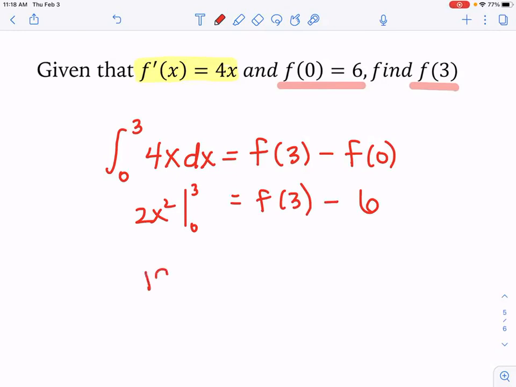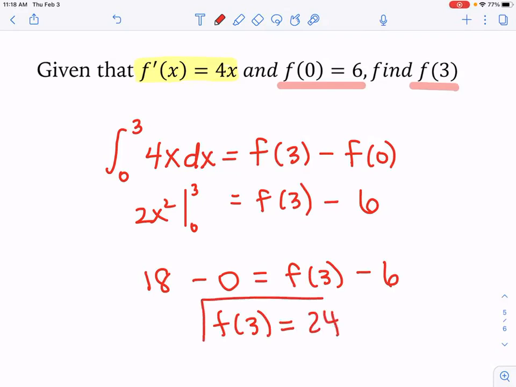So I have 18 minus 0 equals f of 3 minus 6. F of 3 is 24, and that was way less work than finding the antiderivative and then finding c and then going back and rewriting the function and plugging in my value.